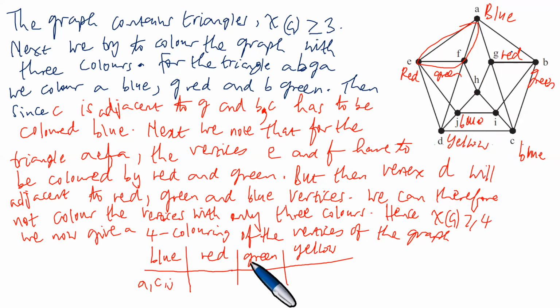It's quite subjective, but it must not contradict. It must not have two adjacent vertices having the same color. Red, you can choose vertex F, G, and I. So you can make this one red, but you could also make G red. You can also make F red.